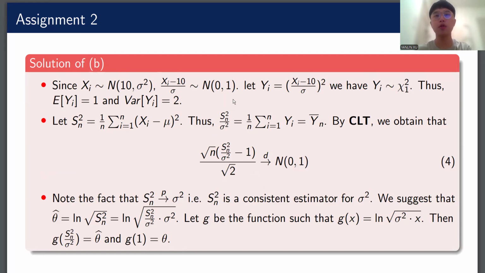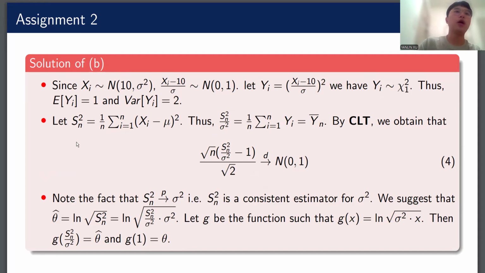The standard normal distribution is good because if we square this sample variable and denote it by y, we can conclude that yi is from a chi-square distribution. Since it's from a chi-square distribution, the expectation of yi is equal to 1 and the variance is 2.